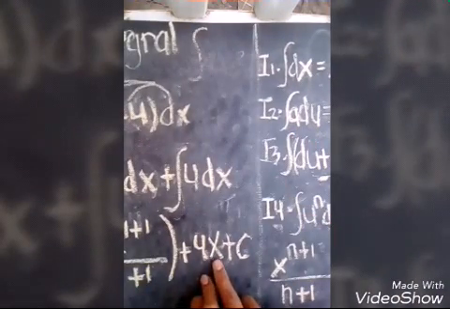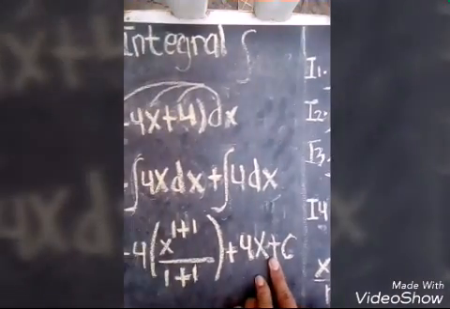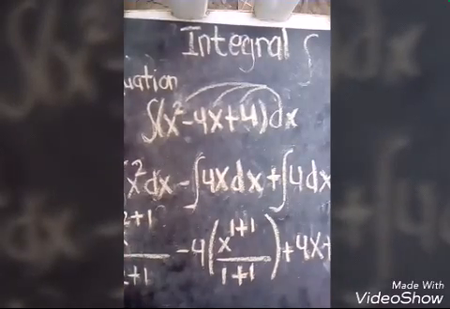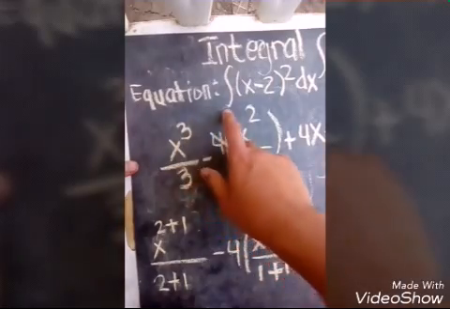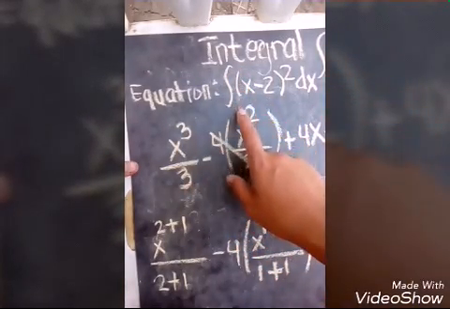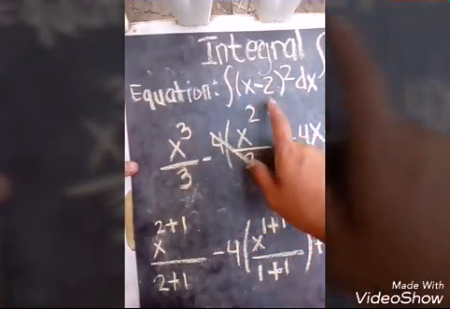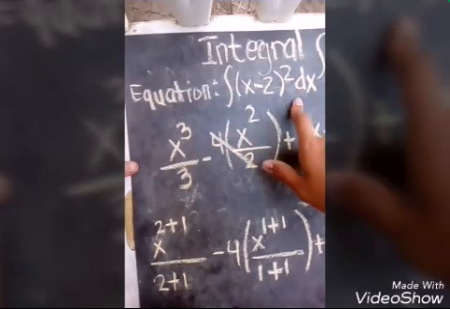So this would look like this. Our equation again is the integral of the quantity x minus 2 raised to 2, or squared, dx.